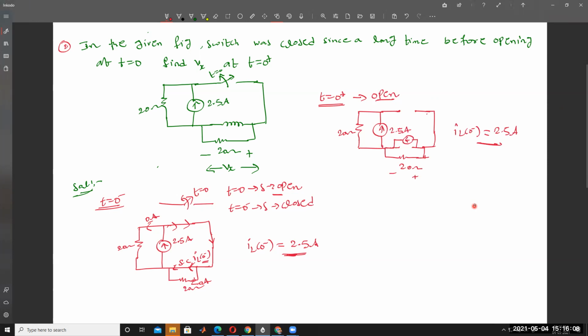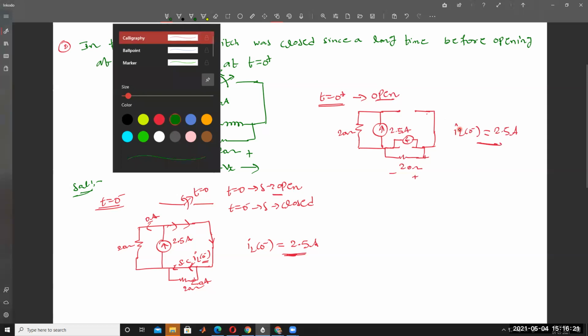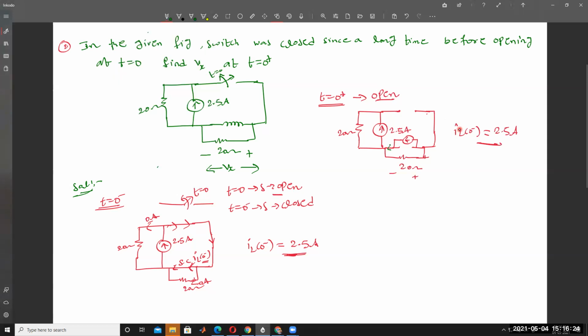Here the current is 2.5 amps. This is an open circuit, so there is no current flowing in that direction, and also none in the other direction, because the circuit is not closed. So the 2.5 amps current flows in this direction only, into the 20 ohm resistor, entering at plus and leaving at minus.